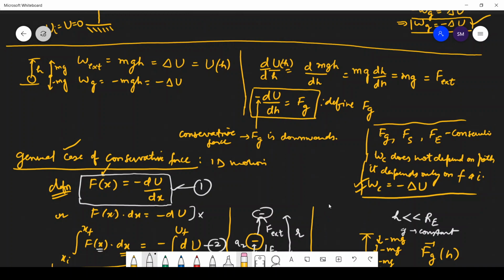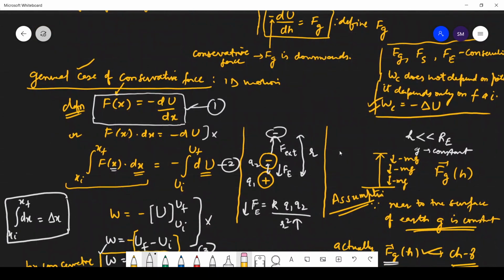Suppose here, let us take the case of electric force. I have taken this negative charge from here to here. Now remove the external force, leave this charge here. Here it has potential energy, so it will again be attracted towards the positive charge due to the electric force. It will start from rest, and its potential energy will be converted into kinetic energy.